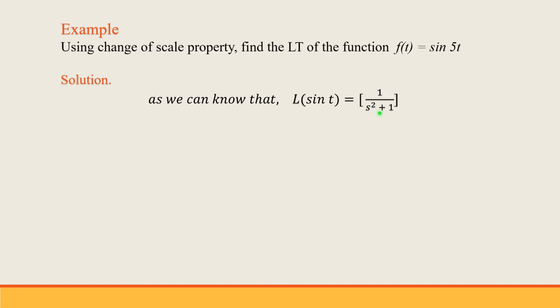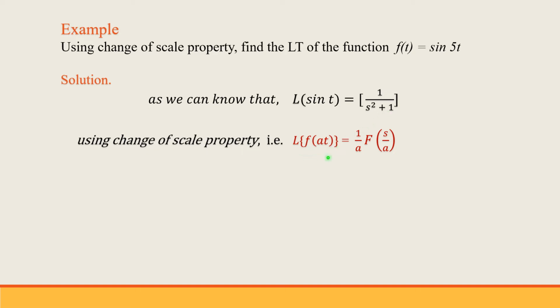We have just studied the change of scale property, by which the Laplace transform of the function f(at) is given by 1/a into F(s/a). So by applying the property, the Laplace transform of sin 5t can be written as 1/5 into 1 by (s/5) whole square plus 1, which is equal to 5 by s square plus 25.